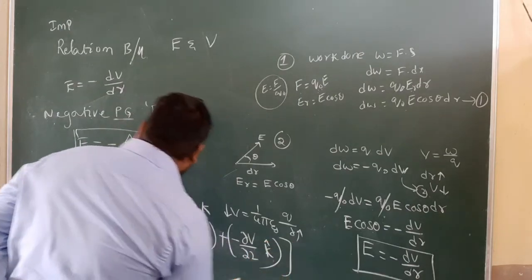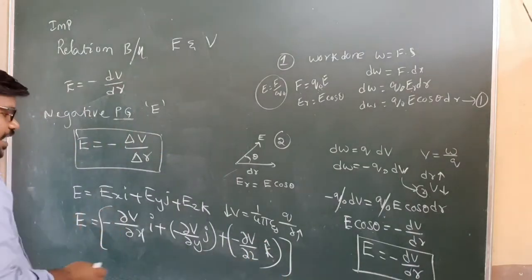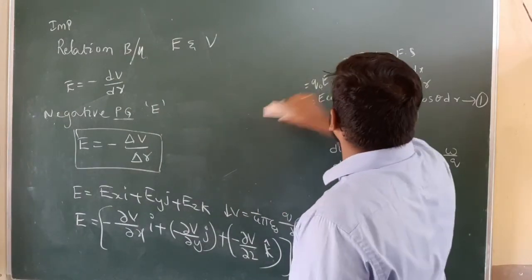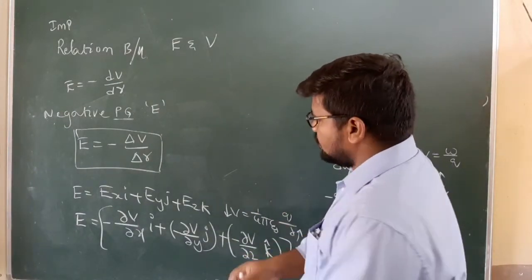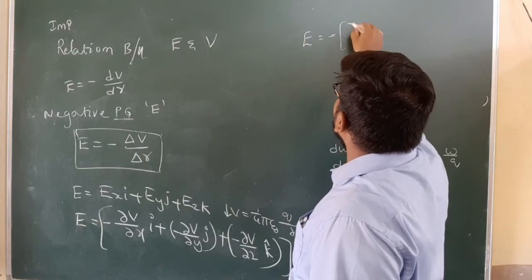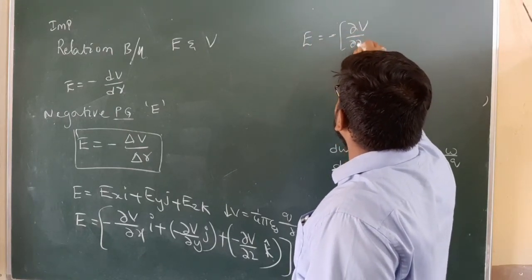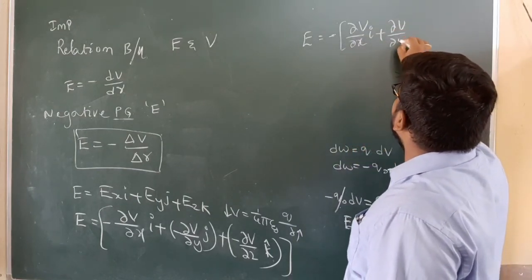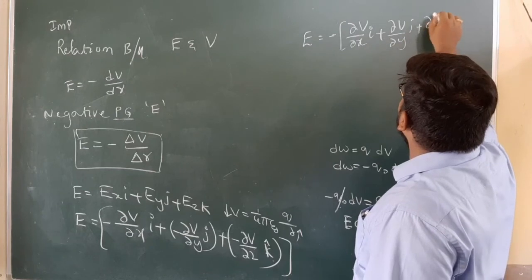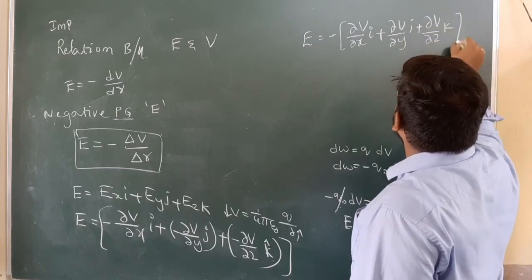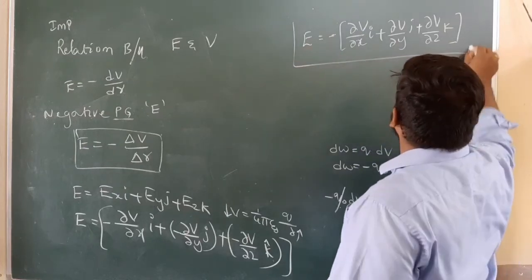Taking minus common, E is equal to minus of dou V by dou x i plus dou V by dou y j plus dou V by dou z k. This is the differential form.